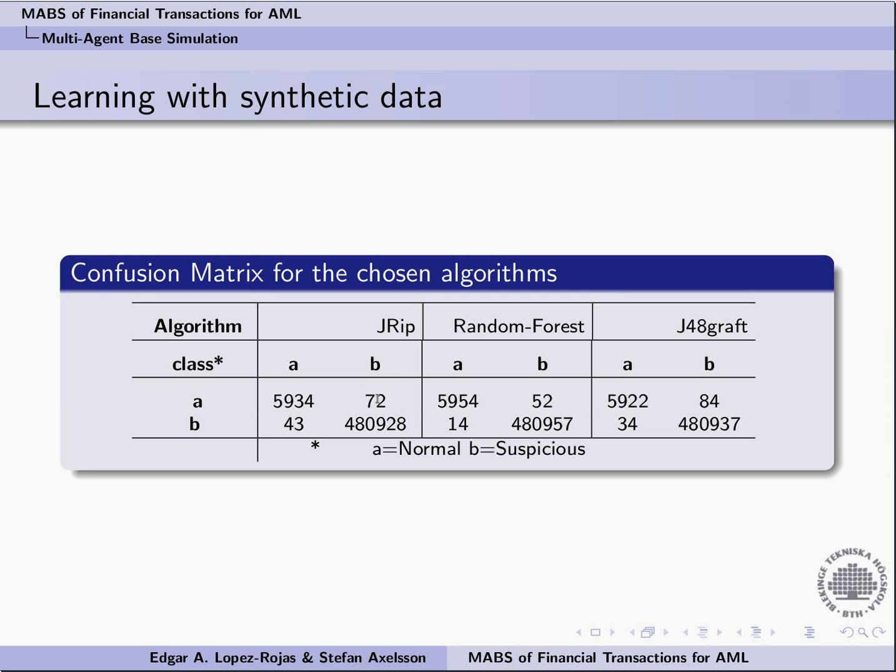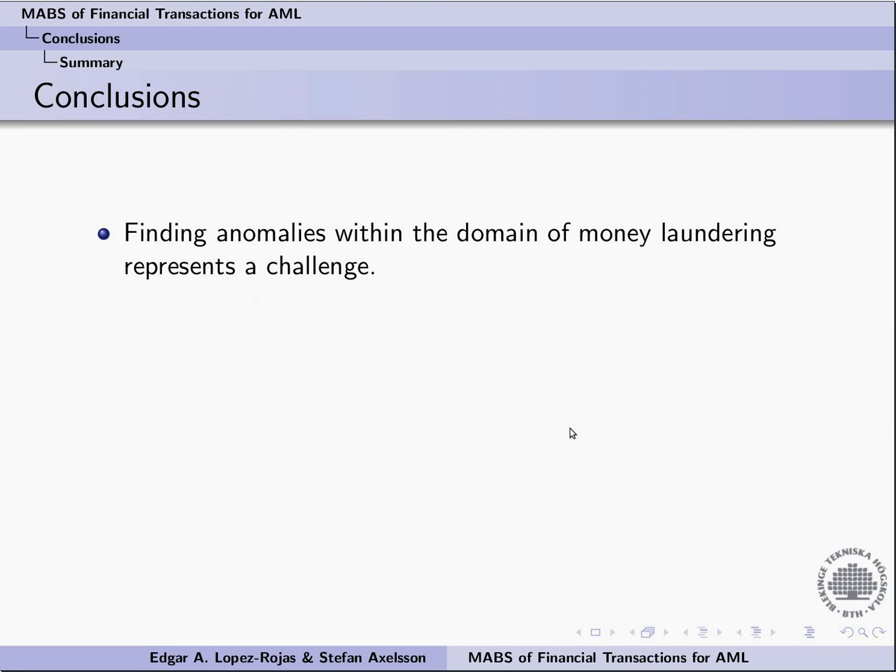Some of them are obvious, but some of them are not that obvious, and can maybe be applied to initially classify the risk of a client when they come to the bank. Random forest and J48 also produce interesting results, but the tree generated by random forest is a little bit too complicated for an operator to understand.